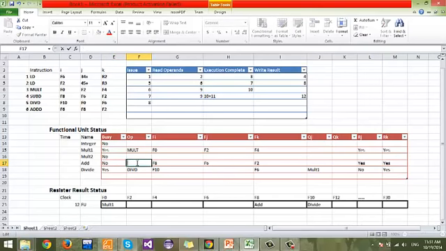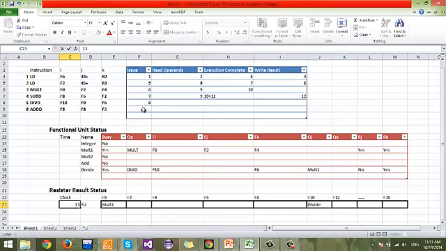All this will become blank, and this will be cleared. Okay. So now let's move to 13.